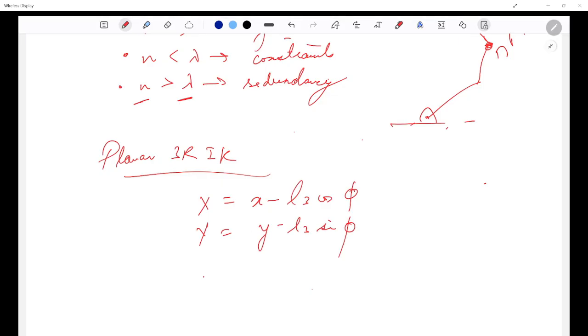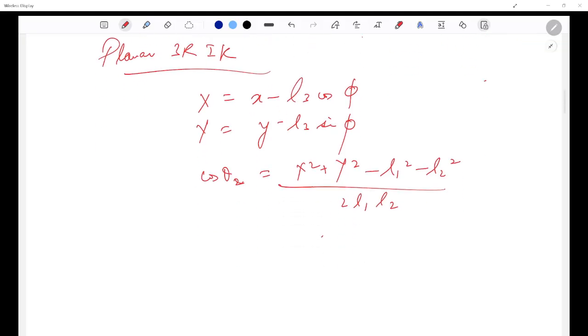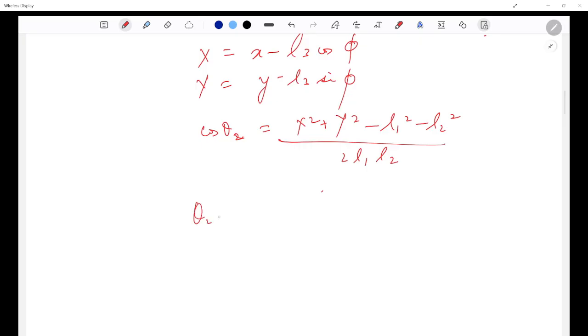And from here we try to find out what is cos theta 2, and then we say it is x square plus y square minus L1 square minus L2 square upon 2 L1 L2. I'm not going into details, but after writing this, you get plus minus cos inverse of whatever this quantity I have written.